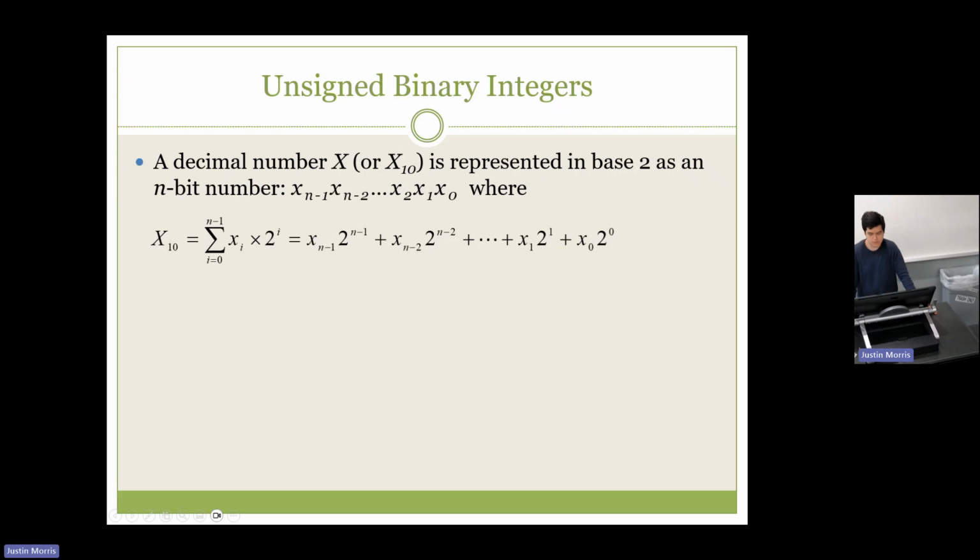So each one of these being 0 or 1. And if x sub 0, the 2 to the 0 bit, is 0, it's just not included, right? So multiply 2 to the 0 by 0 because I don't have anything in place. Whereas if the 2 to the 1 place is 1, then I add 2 to my decimal representation, and I just keep doing that until I get to the end of the number. All good with this?